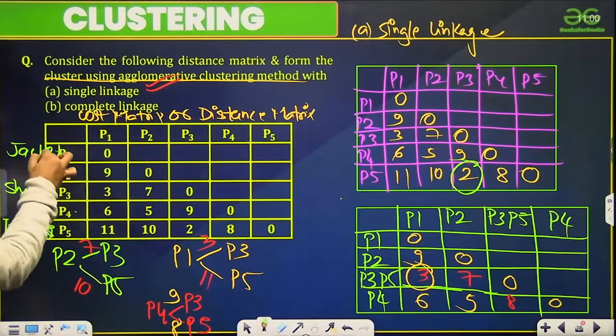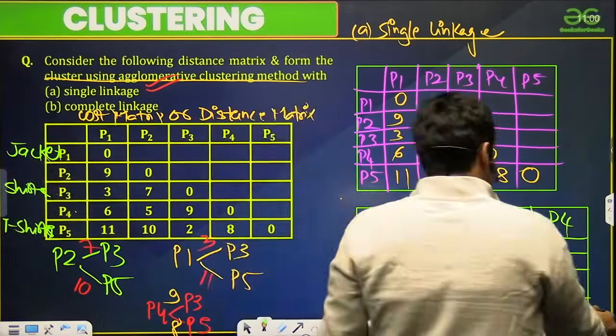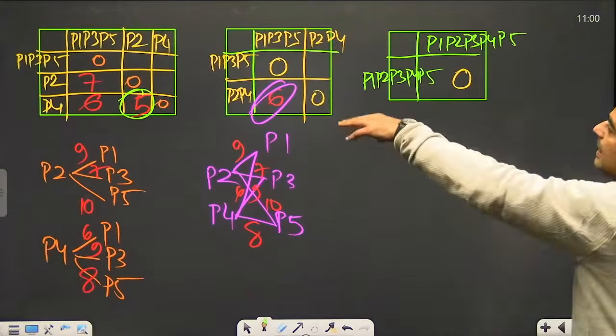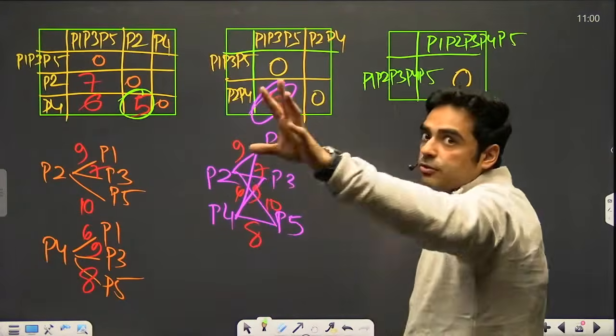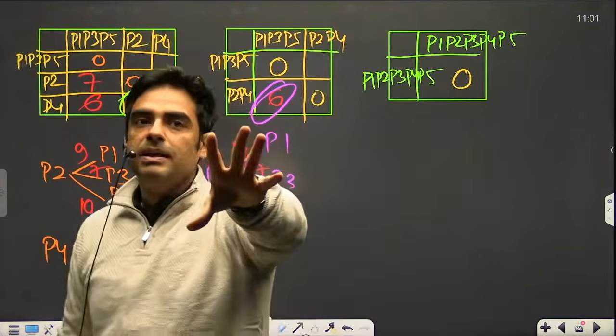Now, after clubbing P1, P3, P5, I clubbed P2 and P4. Just for understanding, I'm giving this.